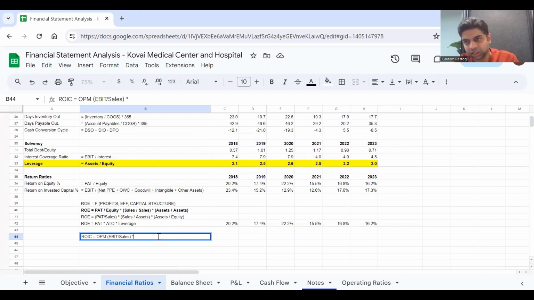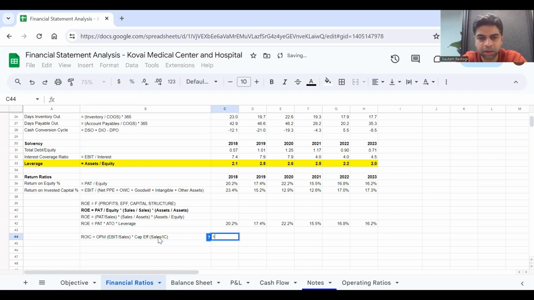By the way, this is pre-tax ROIC, not post-tax. This is pre-tax ROIC equals operating margin times capital efficiency, which is sales by invested capital.